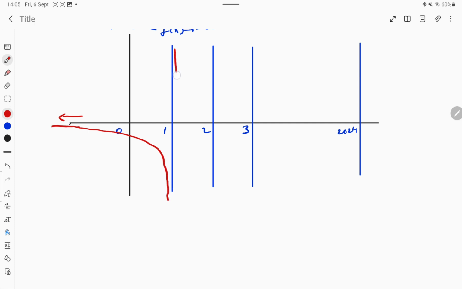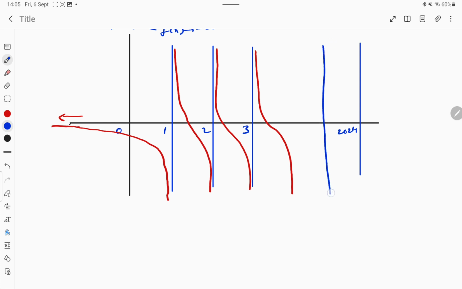In the right neighborhood it is going to plus infinity, and in the left neighborhood of 2 it is going to minus infinity. In the right neighborhood of 2 it is plus infinity, and in the left neighborhood of 3 it will be negative again. The same thing continues until 2024. Between 2023 and 2024 also, it is a decreasing function, and on the right side of 2024 it is coming from positive infinity, but as x extends to infinity, since there are no other roots, it is going to 0.